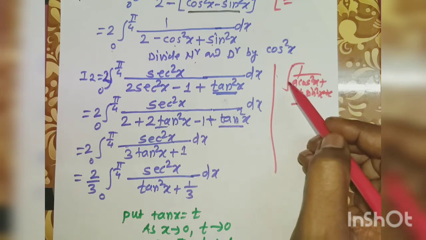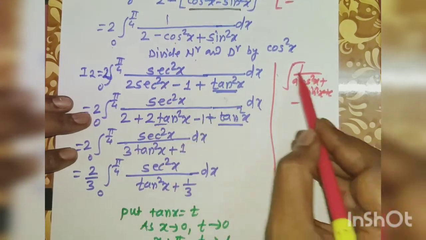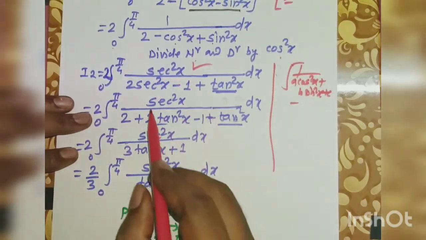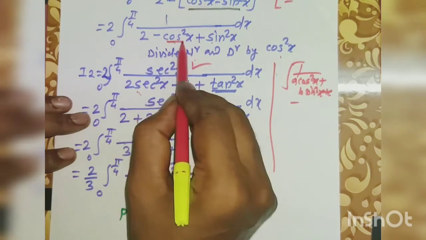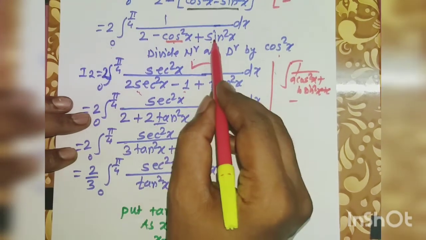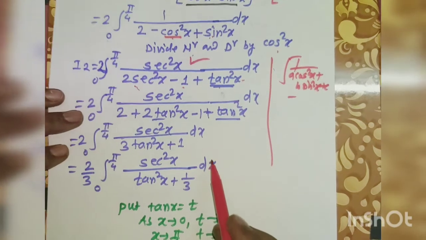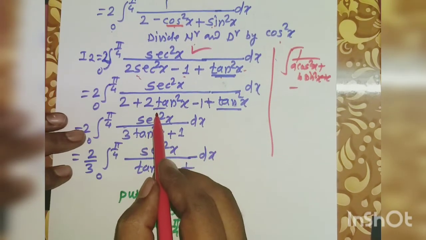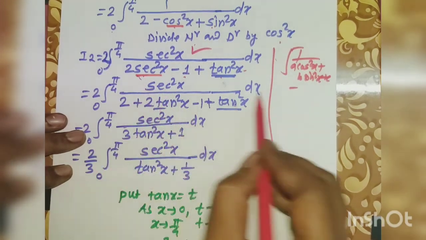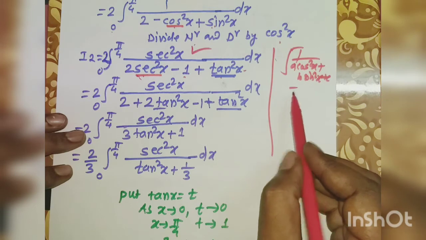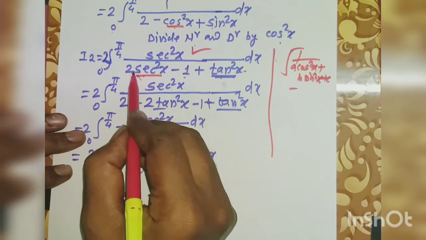Then apply this formula. Now in the numerator, 1 divided by cos square is sec square. 2 divided by cos square is 2 sec square. Minus cos square divided by cos square is 1. Sin square x divided by cos square x is tan square x. Then in place of sec square, we convert in the form of tan. 1 plus tan square is sec square, but the coefficient of sec square is 2.